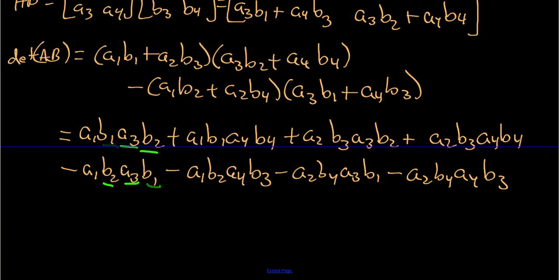So these two terms add to 0 and we'll just cross them out. Now, if we continue looking for this, we'll also notice that we have way over here an a2 a4, and we have an a2 a4, and we have a b3 b4, and we have a b3 b4. So these two terms are also going to add to 0. So we'll get rid of them as well. And so what does that mean that we're left with? Well, that means we're now left with this particular thing.